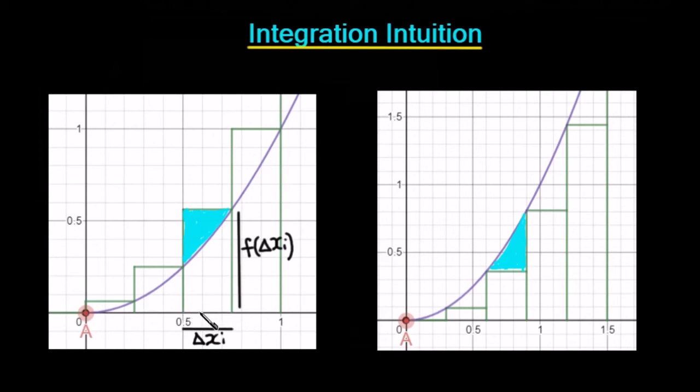If this tends towards 0, we're going to get more and more little rectangles, and the width of the rectangle is going to decrease. Whenever that happens, the area that we're generating will approximate the actual area under the curve.